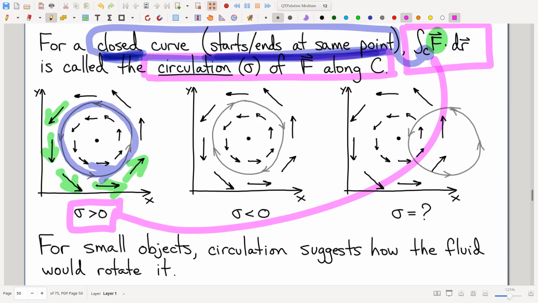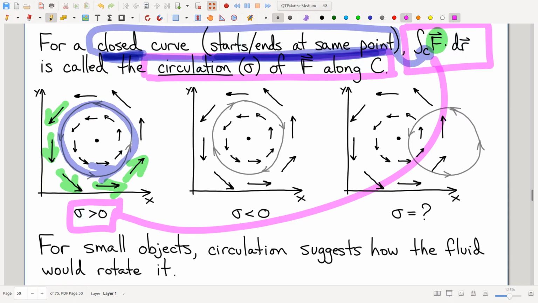So if this line integral represents the extent to which the fluid is doing what the curve is doing, and if the curve is going around in a circle, I think it's reasonable to say that we are arguing here that the fluid is kind of going around in a circle, and thus the term circulation. There's just a terminology thing, right? But I think that's a reasonable sort of intuition for that terminology.